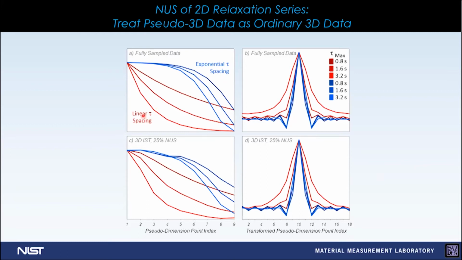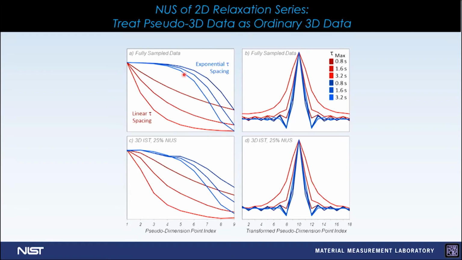When we use linear spacing between tau values, we get decays that look exponential if the underlying signal is an exponential decay. Whereas if we use exponential spacing in the pseudo dimension, we get decays that look as if they're Gaussian. So these blue curves here.